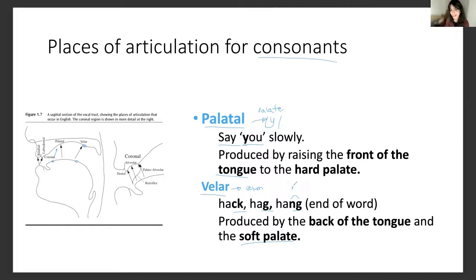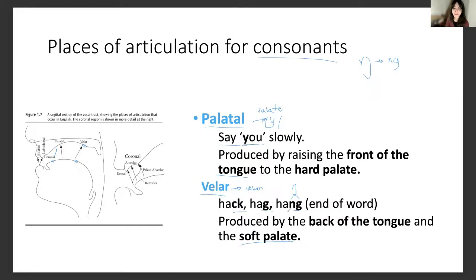So in phonetics, it's often represented by an N, así, with a little dangling appendage like that, así. And that stands for the combination NG. So NG occurs in sing, sung, rang, rung, hang, hung, right?